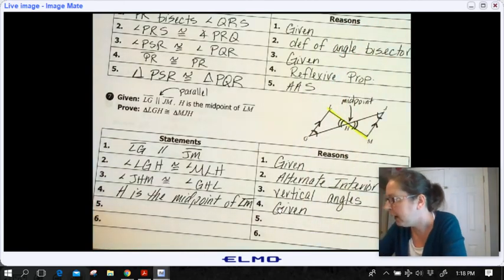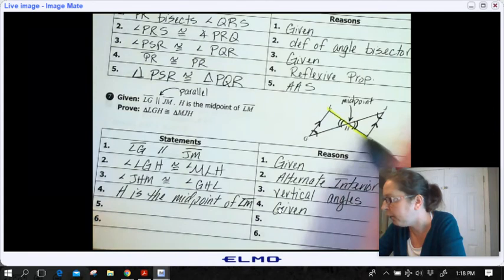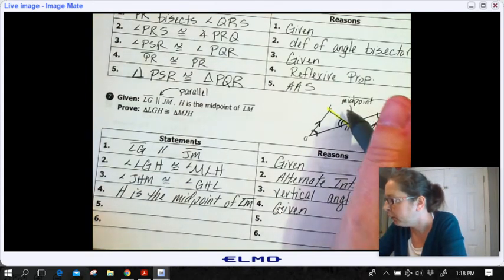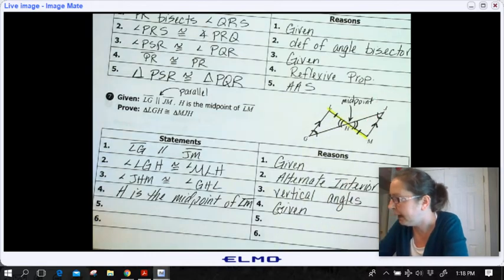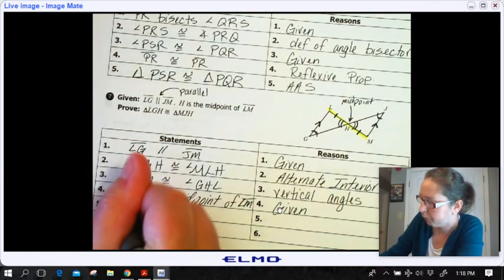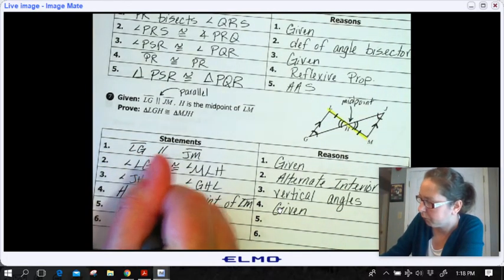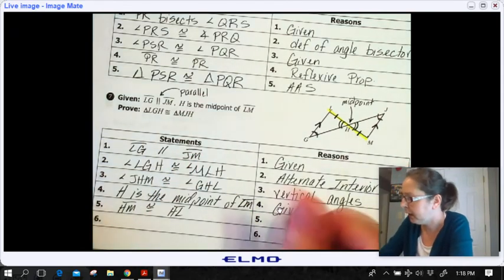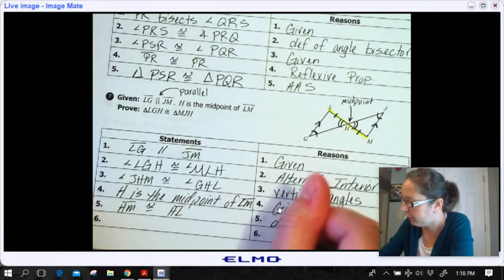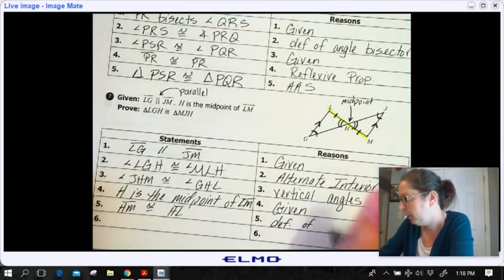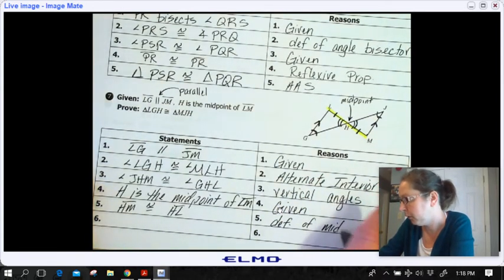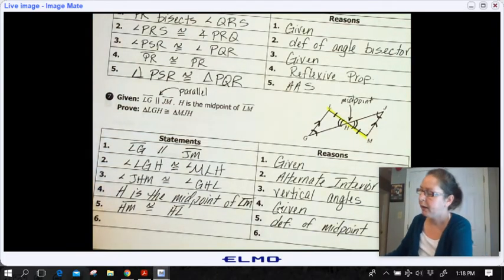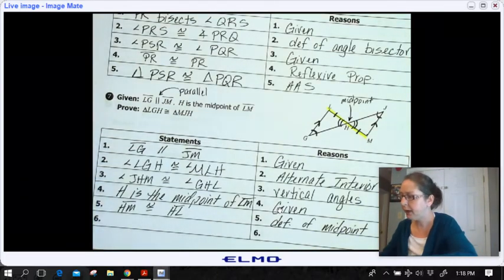So what I can say is that HM is congruent to HL. And how can I say that? That is by the definition of midpoint. Okay? All right, so I've gotten all the way here.